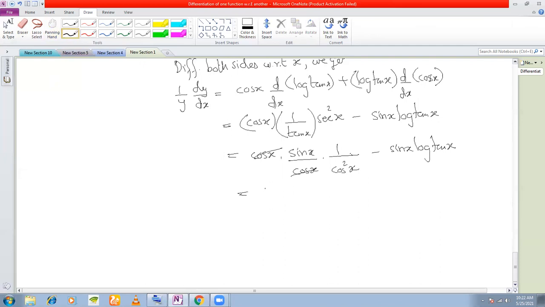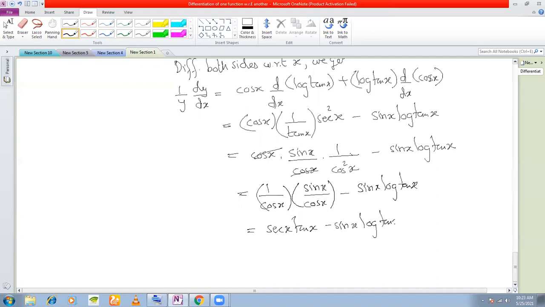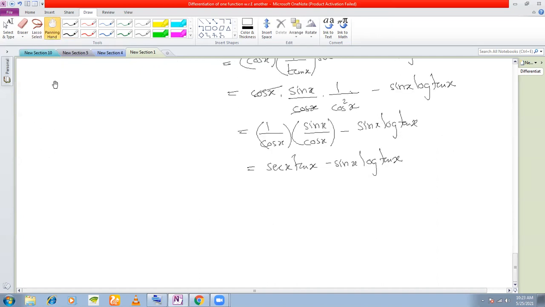Now see, this can be written as 1 by cos x into sin x by cos x, minus sin x log tan x, which can be written as sec x tan x minus sin x log tan x. So this is what we are getting for 1 by y dy dx. Therefore dy dx is y times all this.